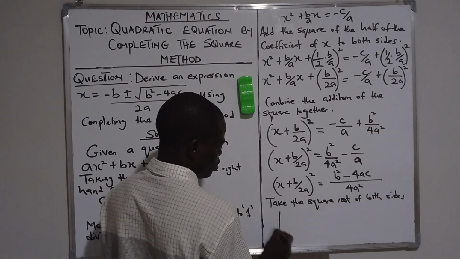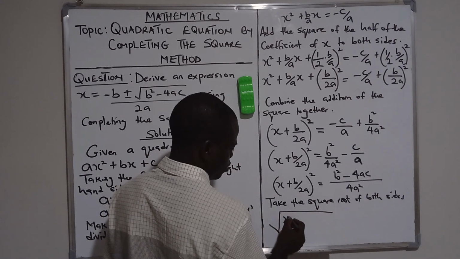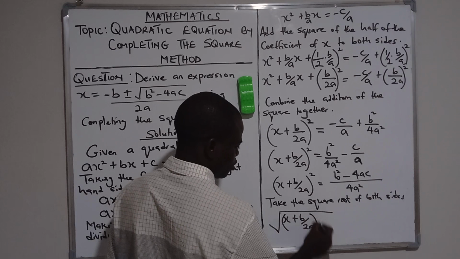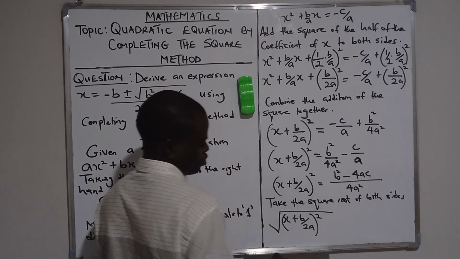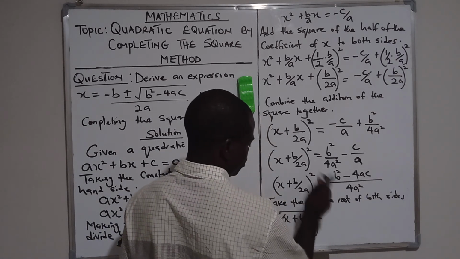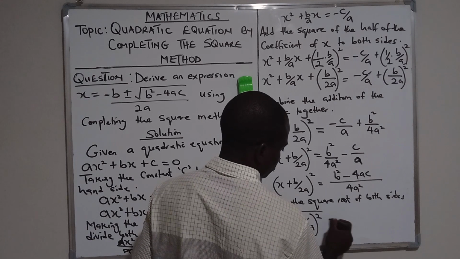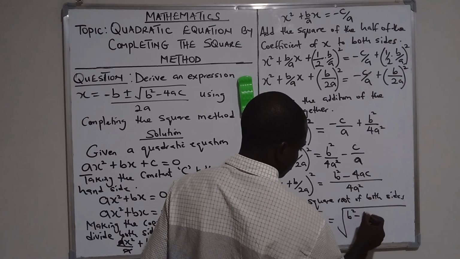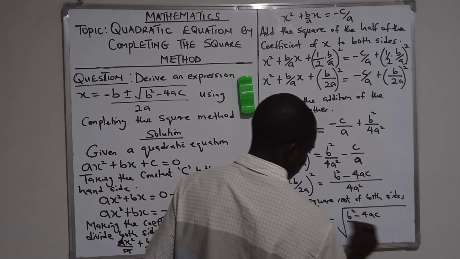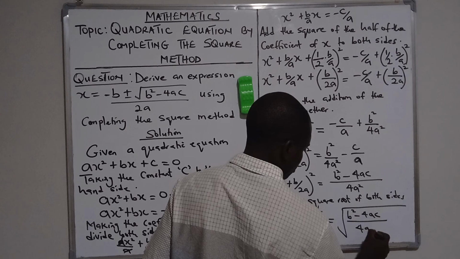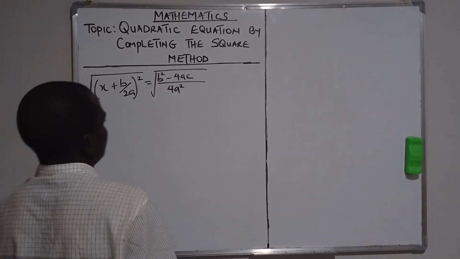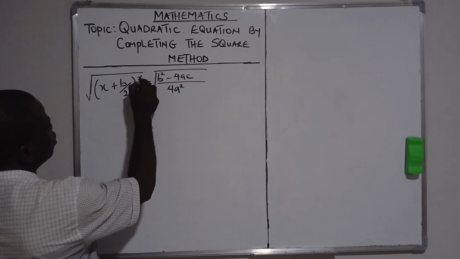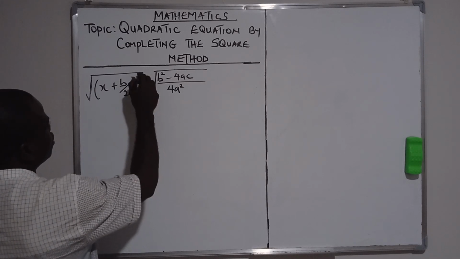It now goes like this: x plus b over 2a equals the square root of b squared minus 4ac over 4a squared. What you need to do is to find the square root of both sides. Before then, let's try to simplify it.